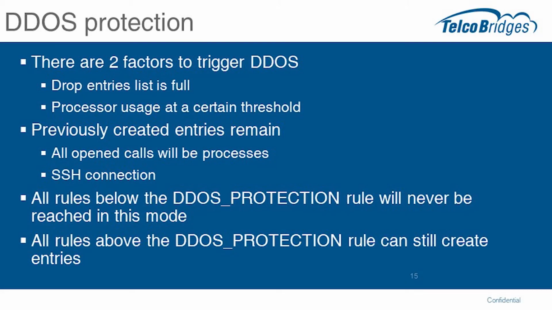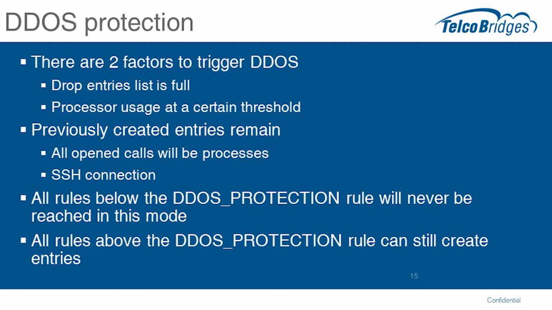There are two factors to trigger distributed denial of service. Here I didn't talk about the drop entries, but every time you get one that is being banned, it is put in a drop entry. Then you receive another packet, you drop it because it's in this drop entry list.